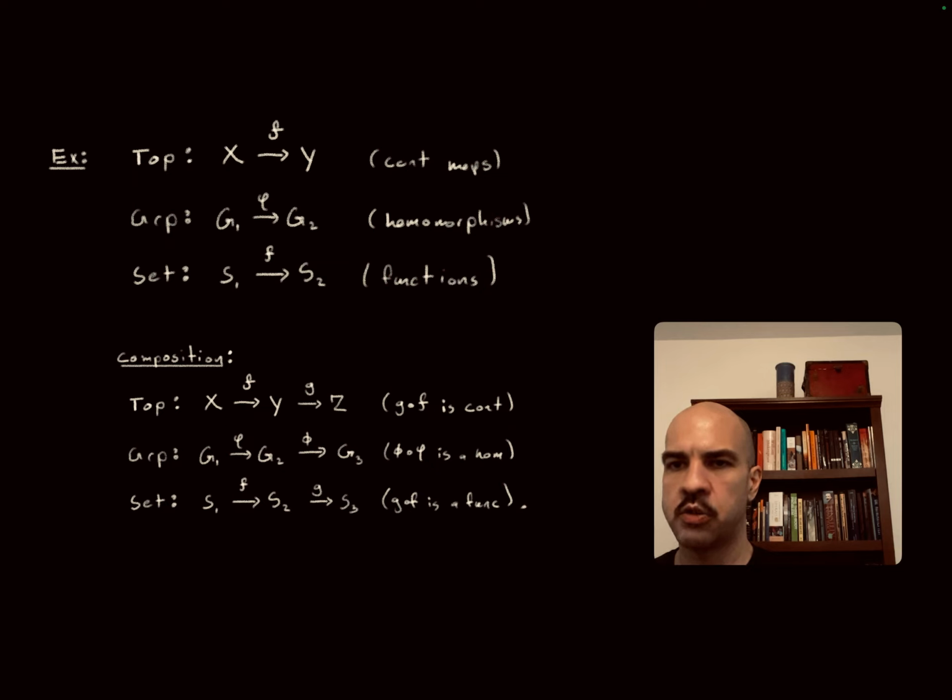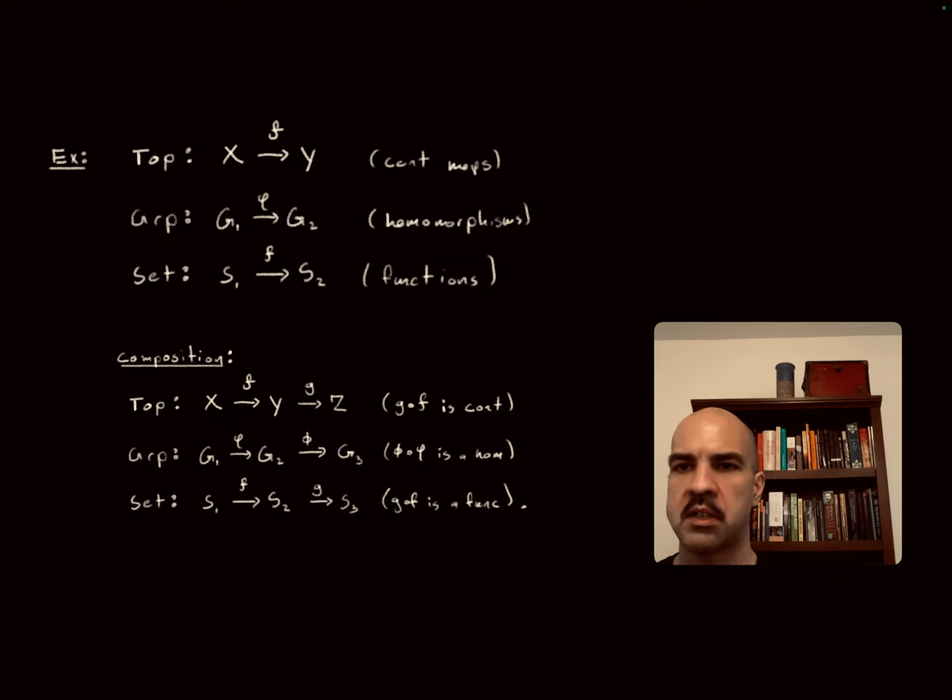In addition to these maps from one object to another, we also have this regularity between all of these constructs: the composition of these maps again gives you another one of these types of maps. So in topological spaces, you have two continuous maps.